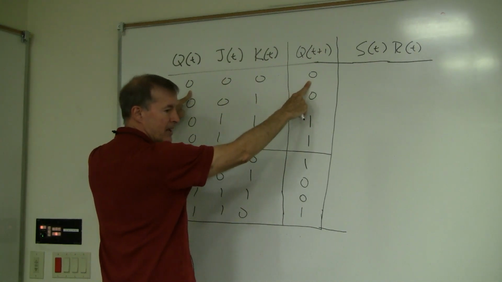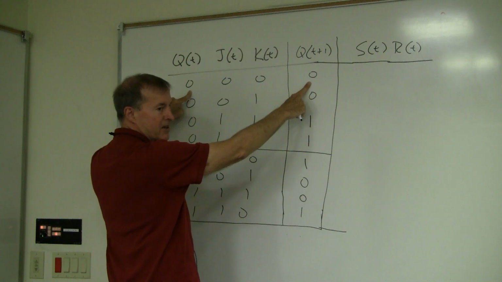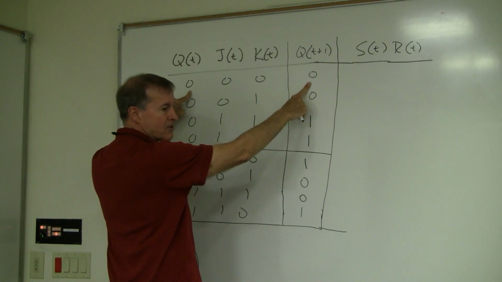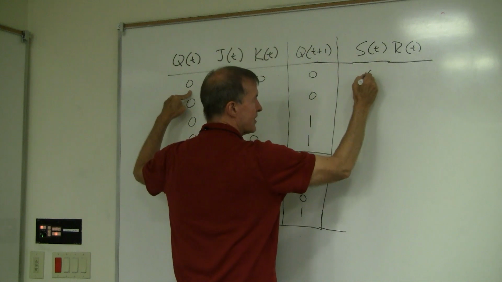Do you remember what we had on row 0, 0? It could be a no change or a reset. A no change is 0, 0. The reset was 0, 1. So that's 0, don't care: 0x.